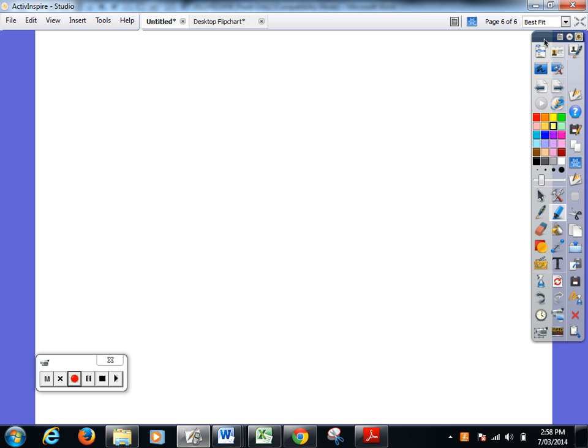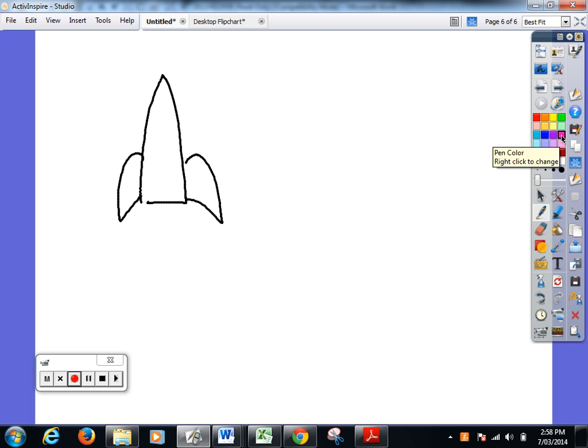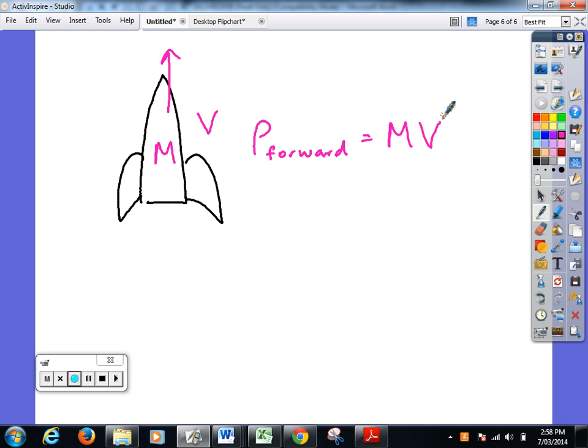So let's have a look at some of the major ideas in this question. If I have an object like a rocket, there is my rocket, and it is moving forward. Let's say the mass of the rocket is capital M, and it has a capital V velocity in the forward direction. Then the momentum in the forward direction would equal capital M, capital V. The reason why it moves forward is that out of the back is gas.